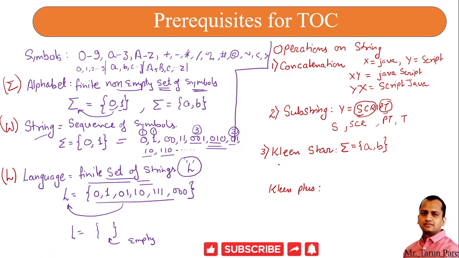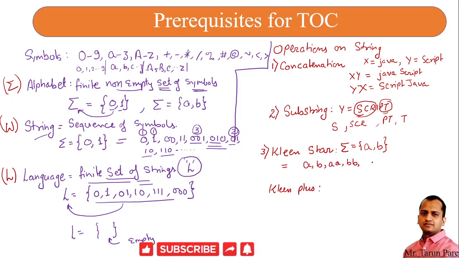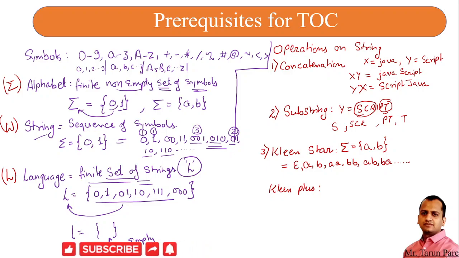So what are the possible strings with the Kleene star? The strings generated through the Kleene star will be a, b, aa, bb, ab, ba and many more. But one more element is added in this, and that is called epsilon. Epsilon means null.